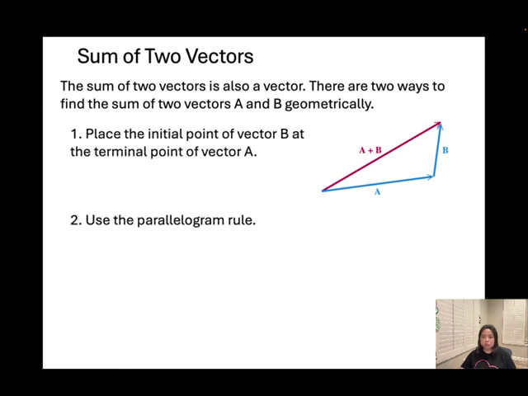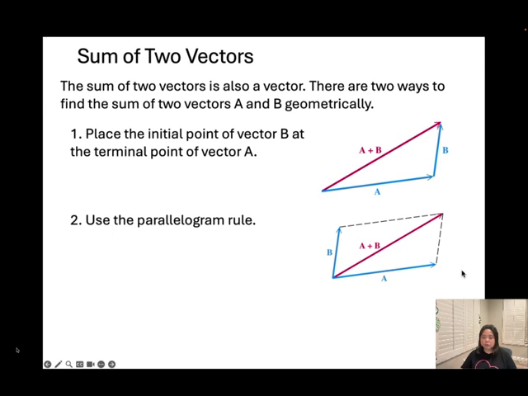Second one, use the parallelogram rule. Paste the vectors A and B so that their initial points coincide. They have the same initial point, A and B. Then we complete a parallelogram that has A and B as two sides. We copy A here, copy B here, and it makes a parallelogram.